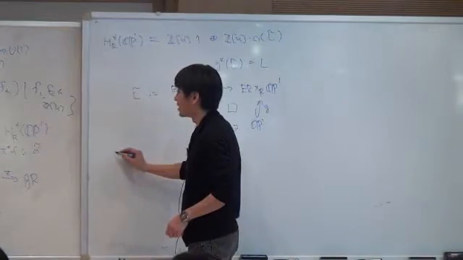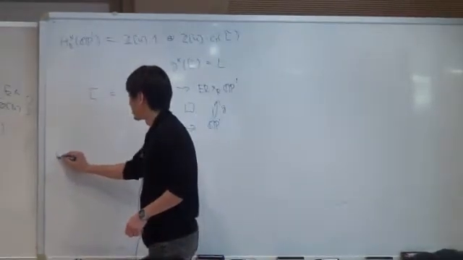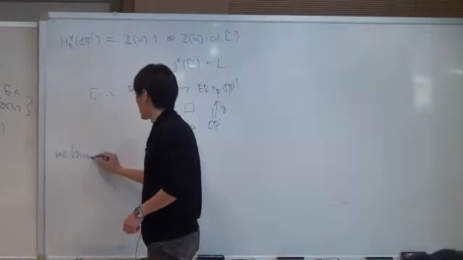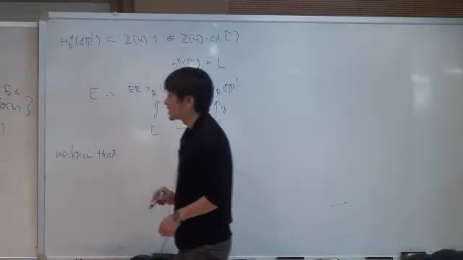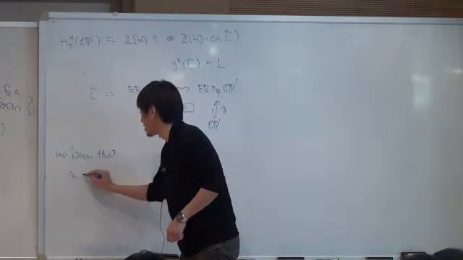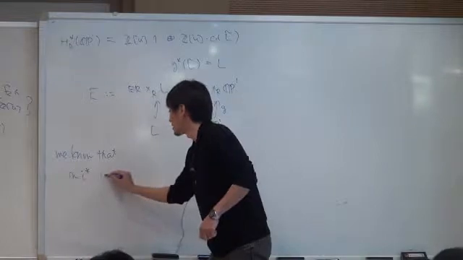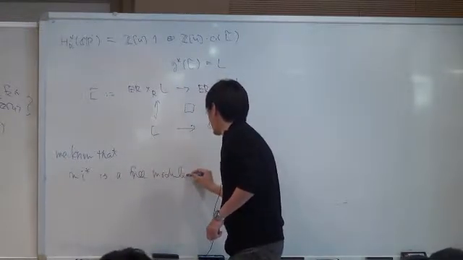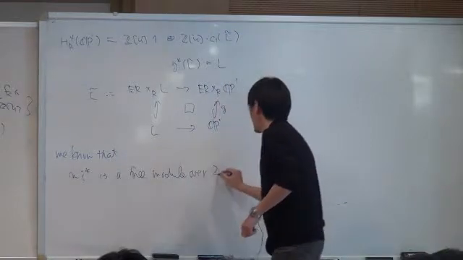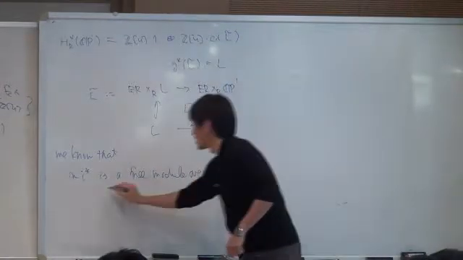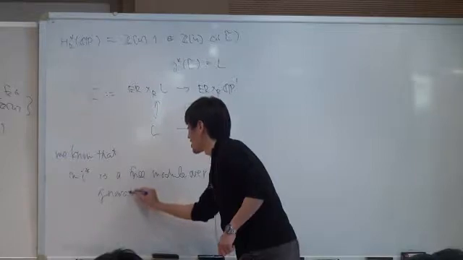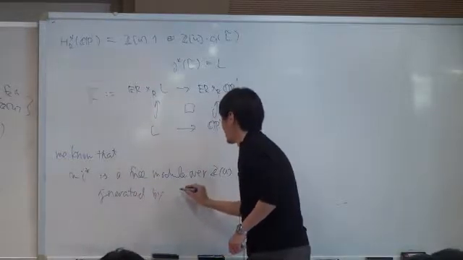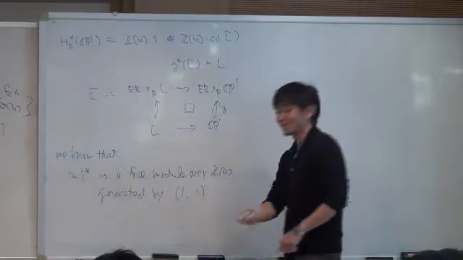So now we know that the image of i star is a free module over Z[u] generated by 1, 1.